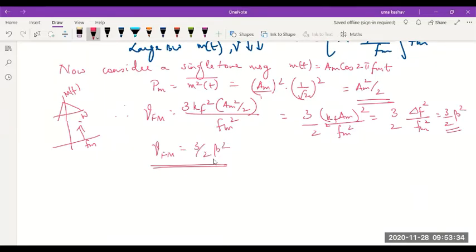Sometimes they'll ask you to find this starting from the beginning, or sometimes they'll ask you to start from the figure of merit at some stage and find out that for single tone, depending on the marks allotted. Okay. So please remember these expressions.